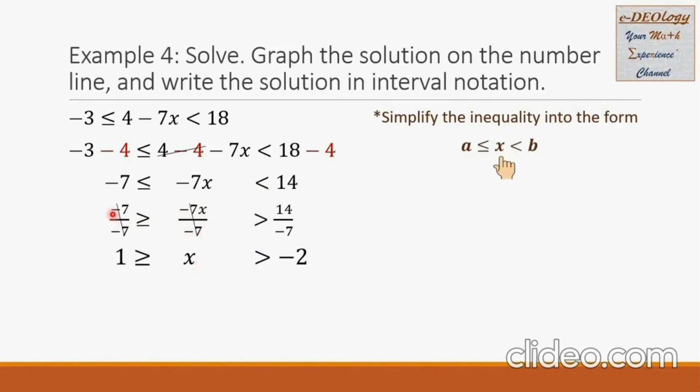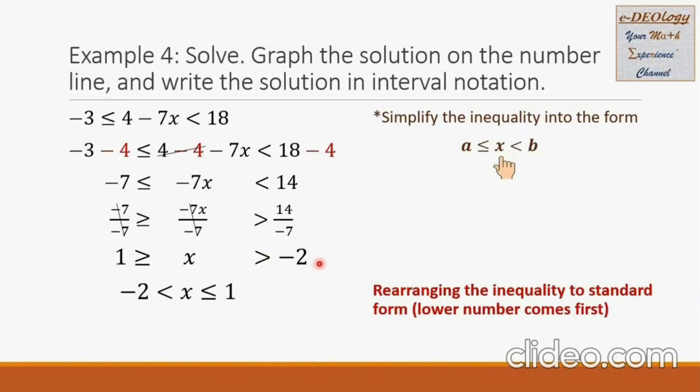On the left side, negative 7 divided by negative 7 is positive 1. On this right side, 14 divided by negative 7 is negative 2. So our double inequality here now is 1 is greater than or equal to x, and x is greater than negative 2.